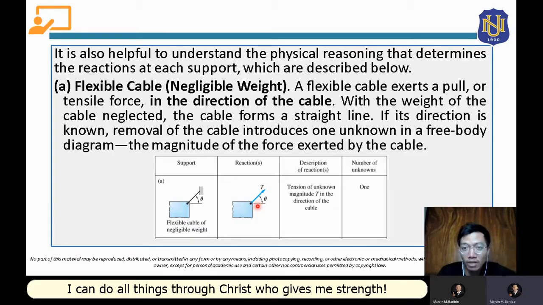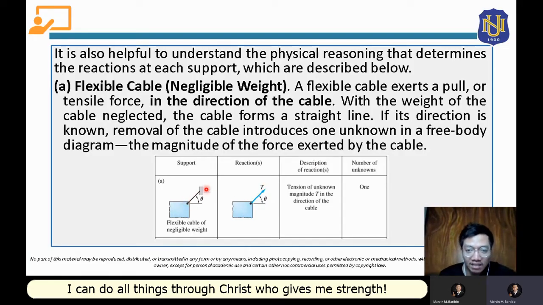So for a cable, its reaction is always a pull. It will pull this body, and the direction of that reaction force, which is a tension force, will always be along the direction of the cable.